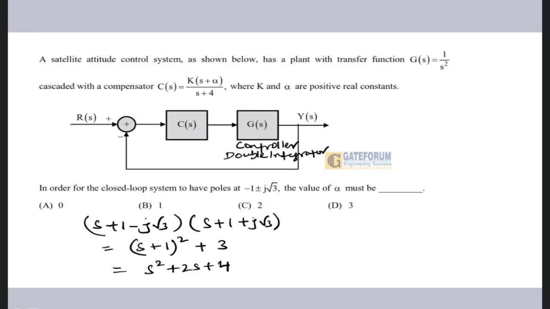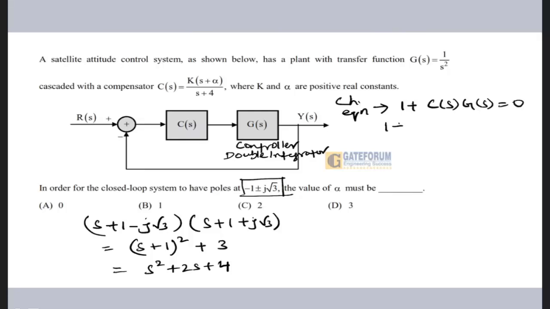Because with respect to these poles I am getting a second order function, what is the characteristic equation of the overall system? The characteristic equation would be 1 plus C(s)G(s) equal to 0.